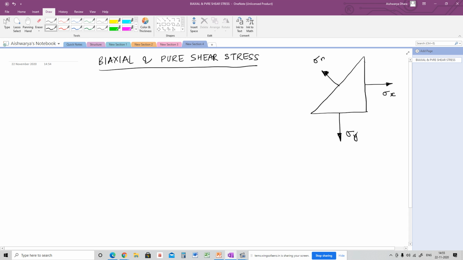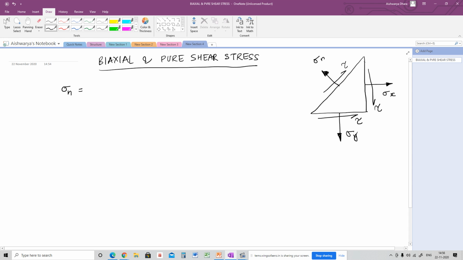Sigma n. Here we'll have the tau. So here is a combination of both the biaxial load and the pure shear. This formula is a little big.